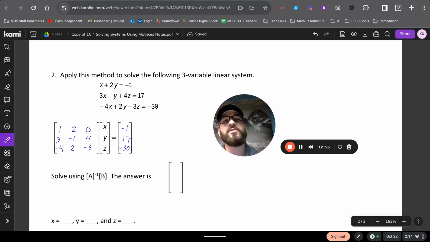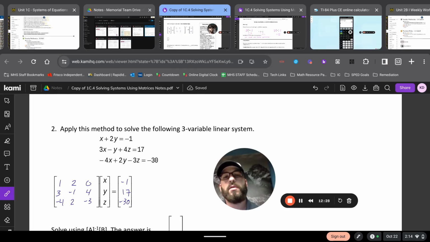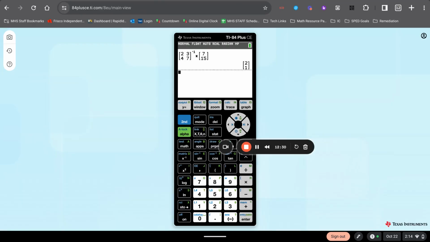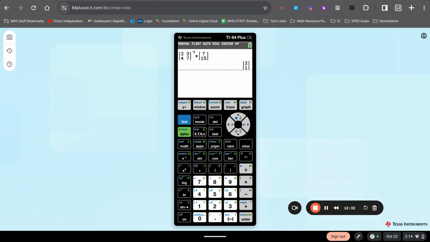So let's go back to our calculator. And this time, I want to make a 3x3 matrix, so alpha zoom. I'm going to go ahead and make a 3x3. Okay, and you notice once again, I have all those numbers set up in my coefficients.